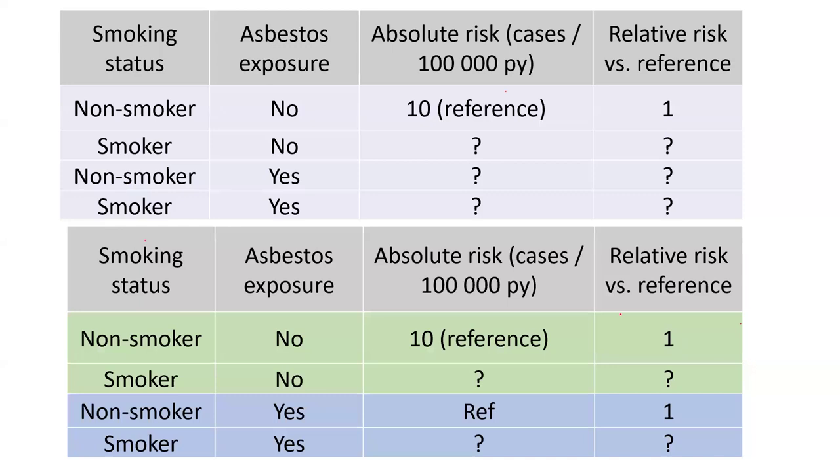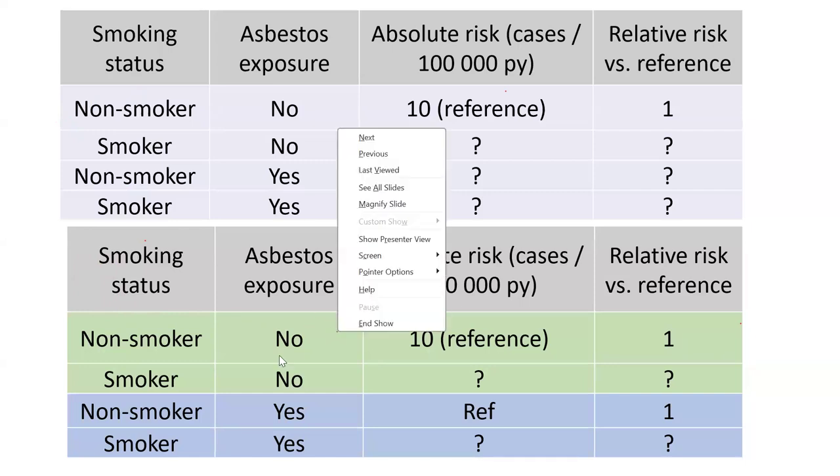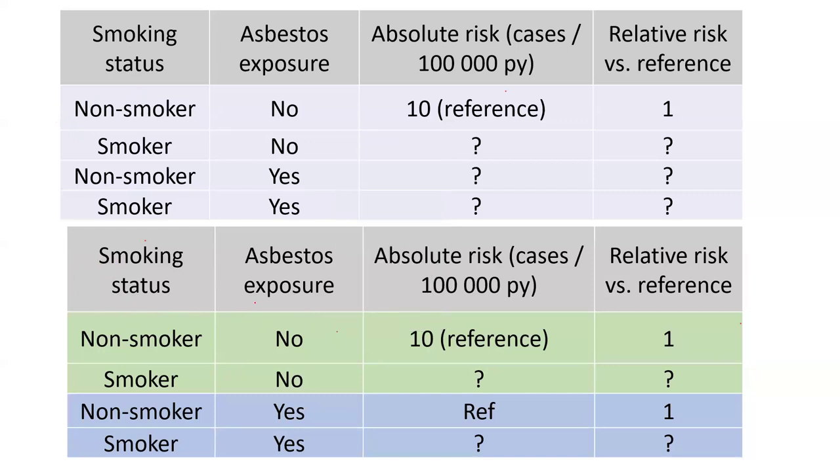Now, how do you depict interaction? The lower portion is the one for your effect modification. So you have, say, smoking, and you have asbestos exposure, and you have, say, lung cancer as your outcome. So what do you do in effect modification?